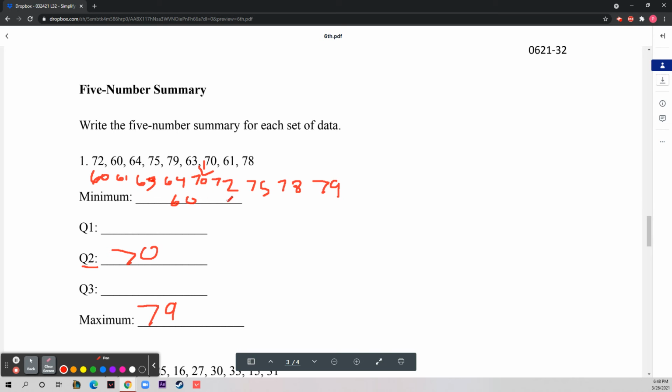And then 70, 72, 75, 78, 79 is a set. Both of these sets are 5 numbers long.